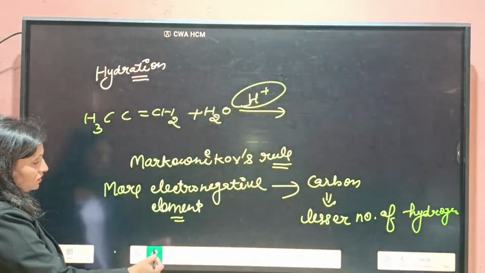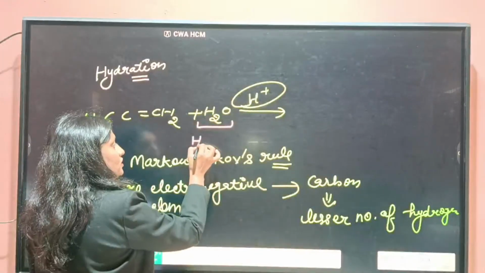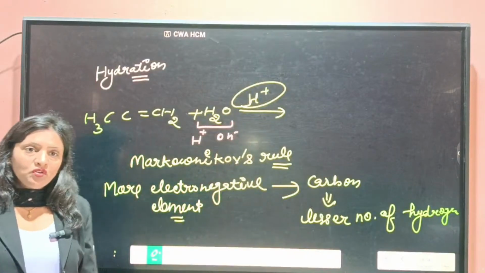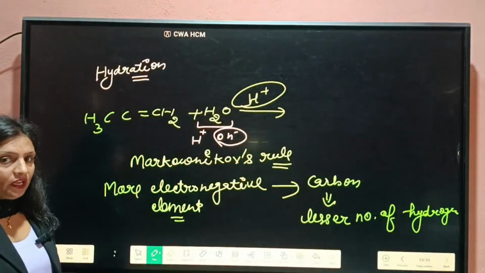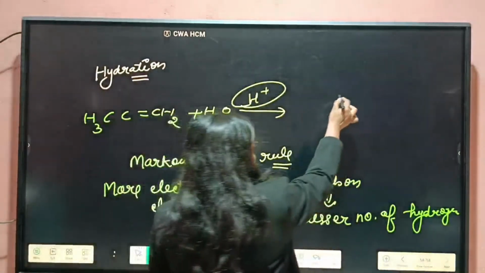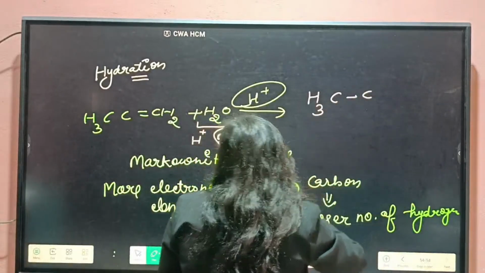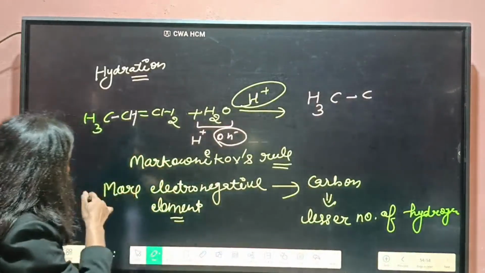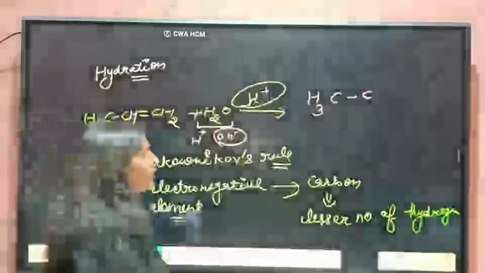So here, students, water means H positive, OH negative. Which one is more electronegative here? This part. Then if you have an unsymmetrical alkene, you will follow this rule.